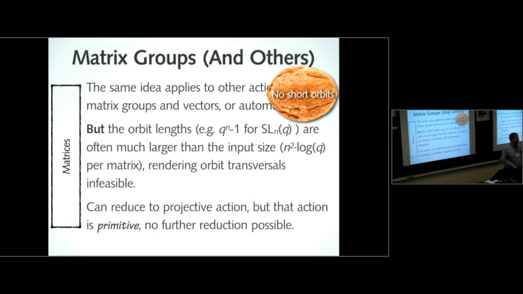Okay, and yeah? Does it mean that if I wanted to represent the matrix group as a permutation group, the n would be huge for those groups? The degree potentially would be huge, yes. If you take, let's say, 5 by 5 matrices over the field with 7 elements, then you have 7 to the 5 minus 1.